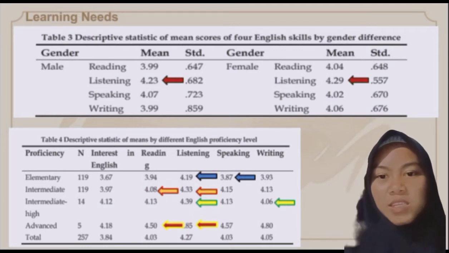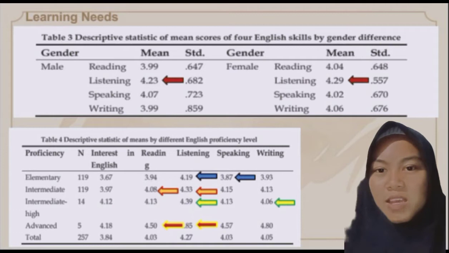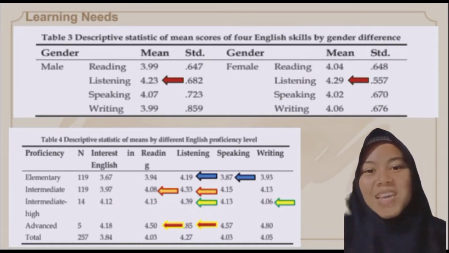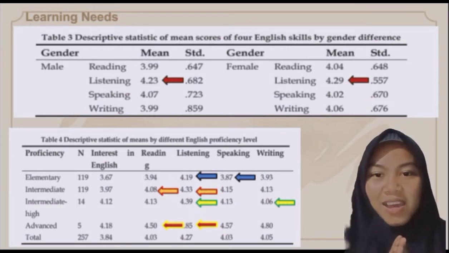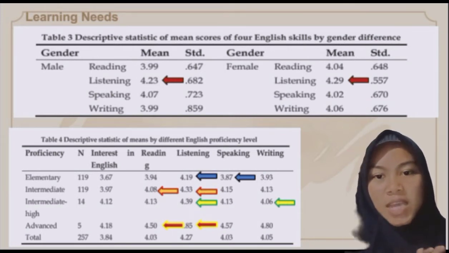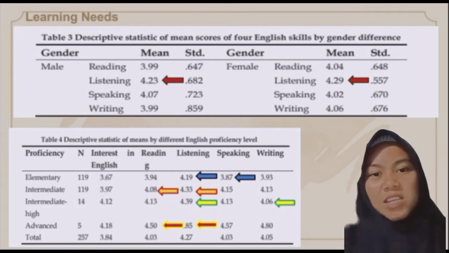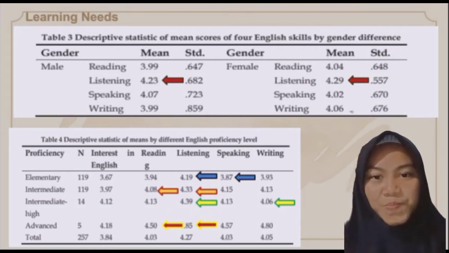There are four levels: elementary, intermediate, high, and advanced. The sample is 257, the participants in the research.